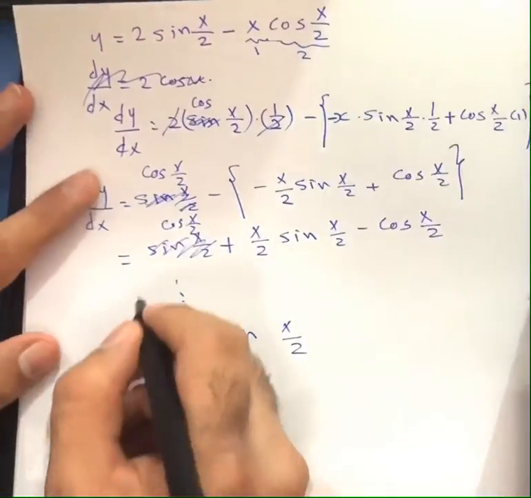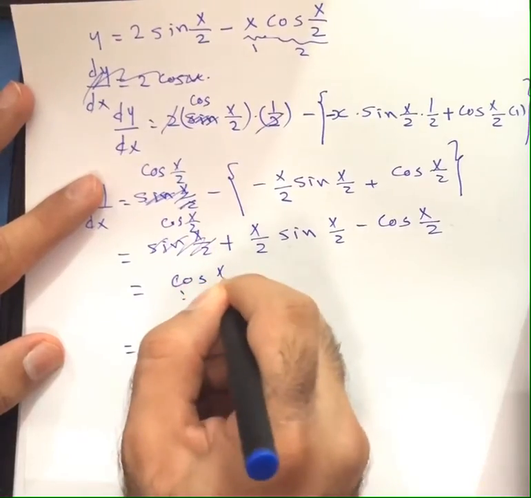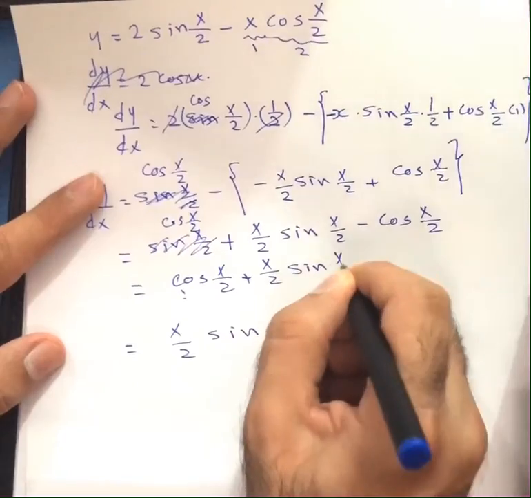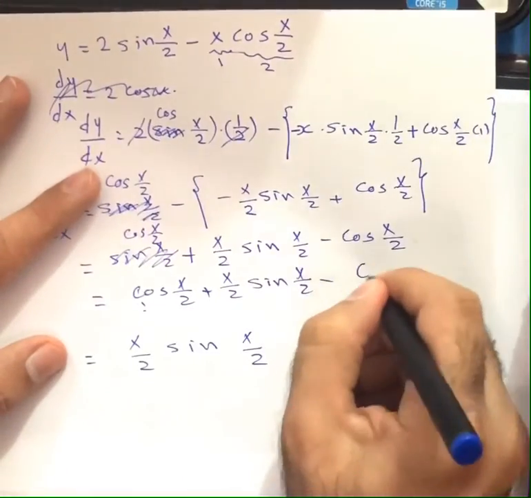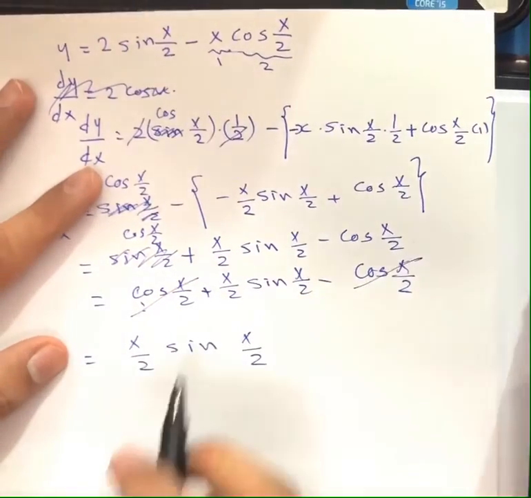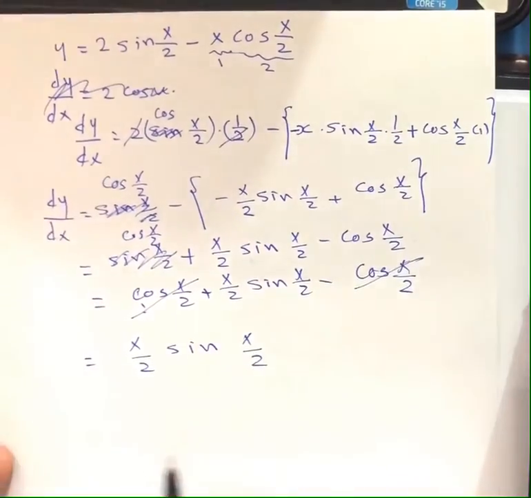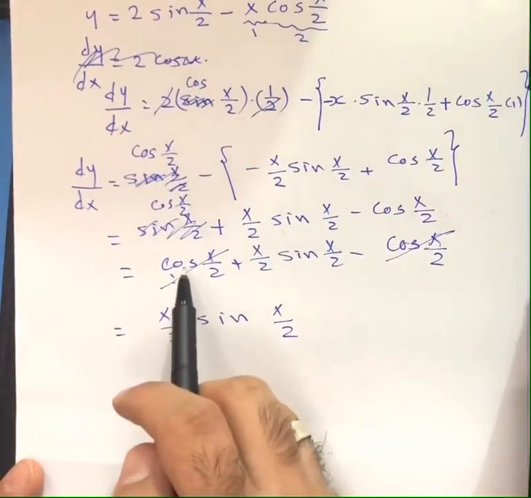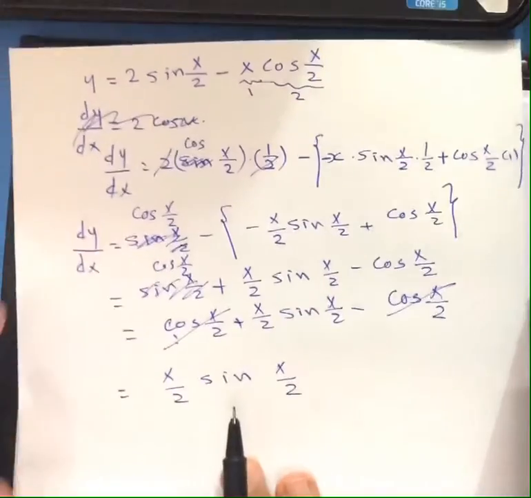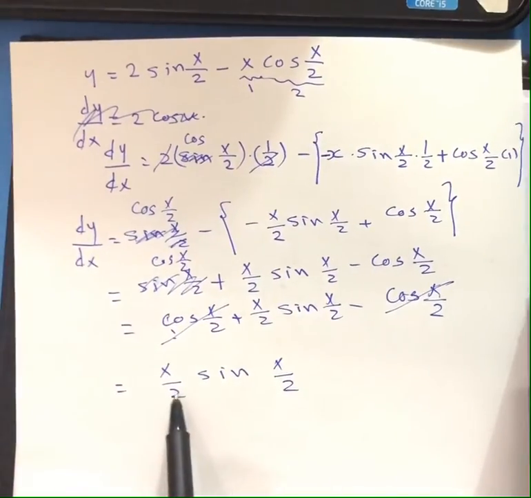Then after that we have cosine x over 2 plus x over 2 sine x over 2 minus cosine x over 2. We can cancel this with this till we get x over 2 sine x over 2, because this term will be cancelled with the third term, so the derivative of this function is x over 2 sine x over 2.